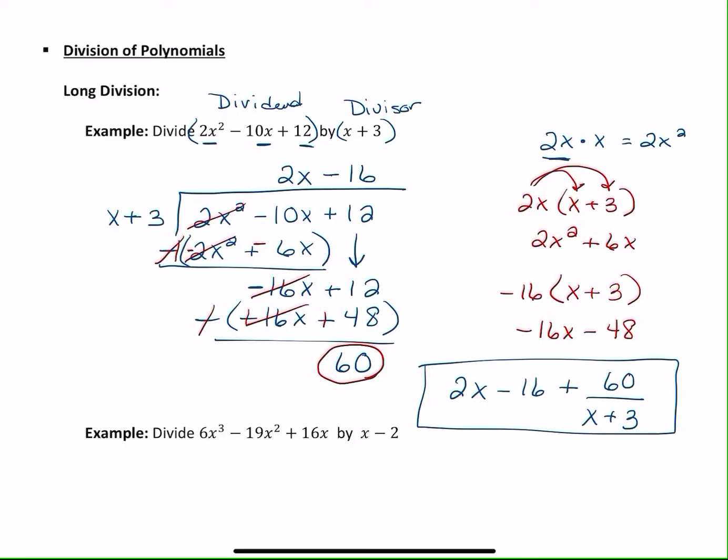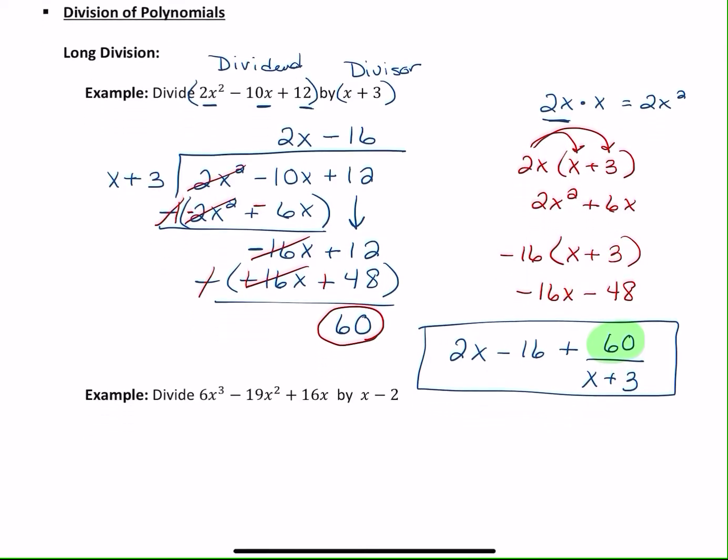They just ask for the remainder and they just want 60. So if you've got a box and it asks what's the quotient, the 2x minus 16 would be the quotient, and 60 would be the remainder. If they want the whole thing written out, you'd put it in this form, the 2x minus 16 plus 60 over x plus 1. So that's long division.